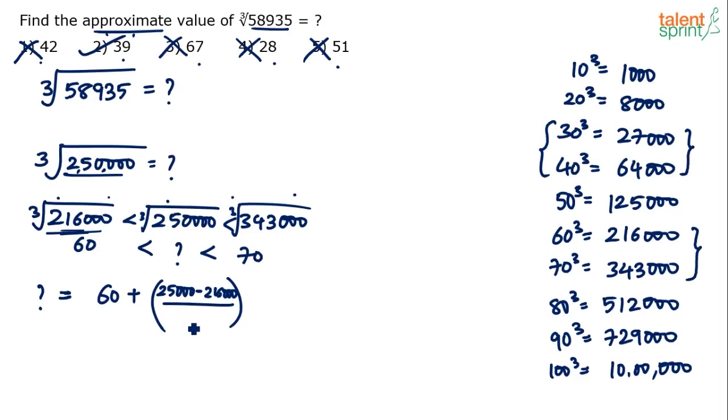Here the denominator completely changes. In the denominator, you're supposed to take the difference of the two numbers that you have considered, 2,16,000 and 3,43,000. You're getting it? 60, you know how we have obtained that, right? 60 is nothing but the cube root of 2,16,000. So 60 plus something. That something, the numerator, is the difference between the given value and the value that you have considered here. So 2,50,000 is how much more than 2,16,000?